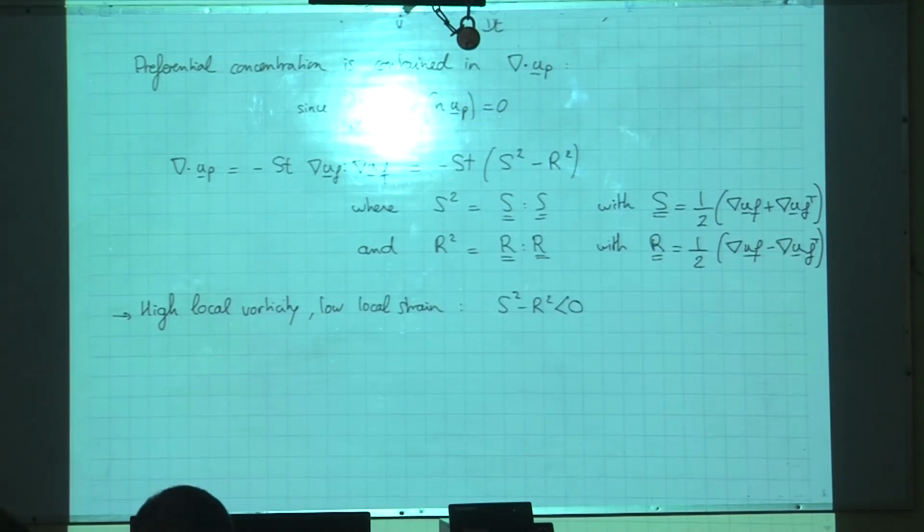And as a result, the divergence of my particle phase velocity will be positive. If the divergence of that velocity vector is positive, that means that particle volume is rushing out, meaning that my n locally is going down. My number density is becoming depleted. So high vorticity, low strain means particles getting ejected and the number density going down. So this leads to depletion.